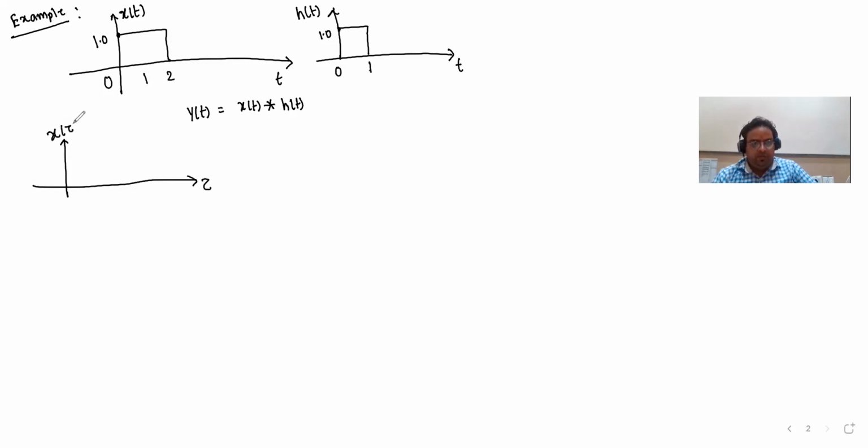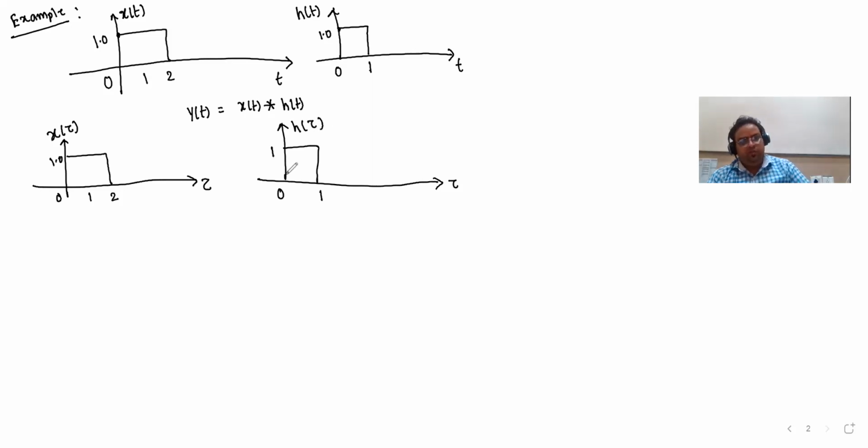So this becomes x of tau, and here we have 0, 1, 2, and this is 1.0, and here we have this as 1, 0, 1, and this is varying now with h of tau. So this is the first thing we do.